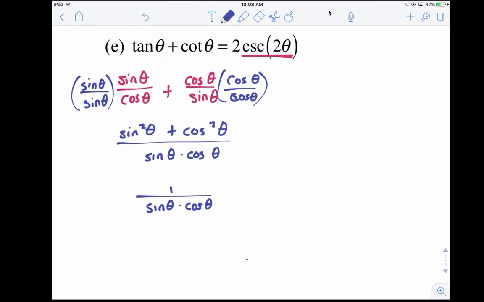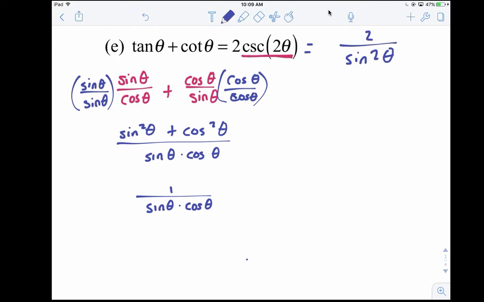Okay, so this is again where you want to keep the other side in mind. So 2 cosecant of 2 theta, if you were to put that in terms of sine, would be 2 over sine of 2 theta. Both of those things are the same thing.